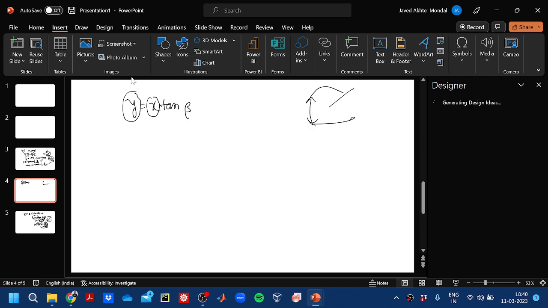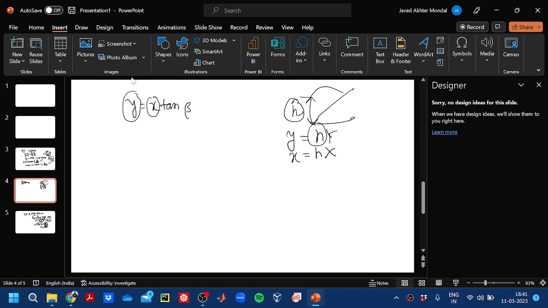So we are projecting from height h. So we can write y as h into capital Y and x as h into capital X. Note that this h has a dimension of length, so the dimension of y and h is the same, and this is a dimensionless number. And similarly, this x is also a dimensionless number.